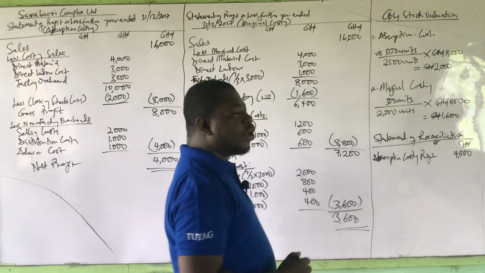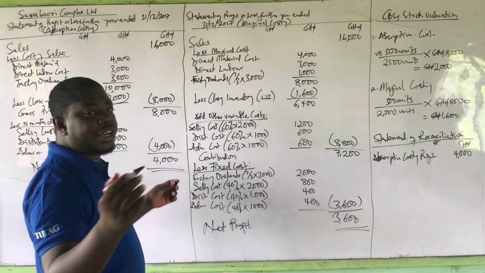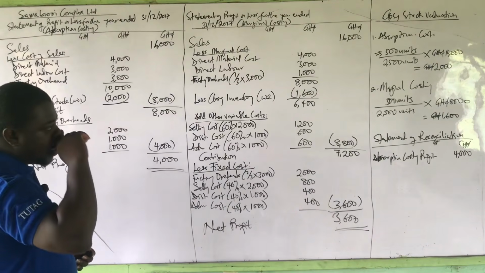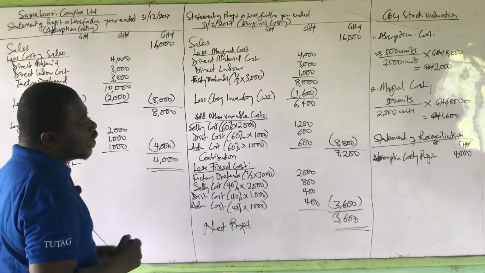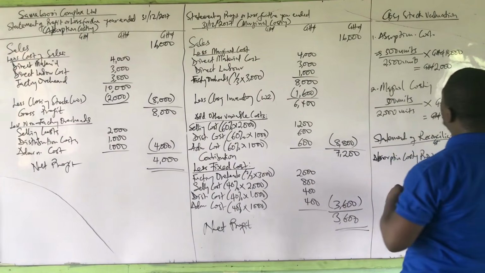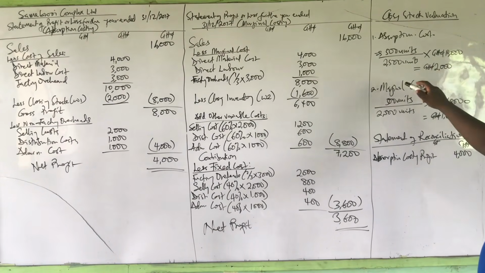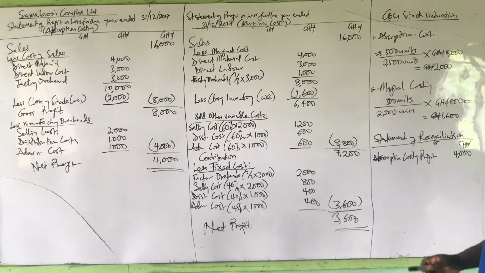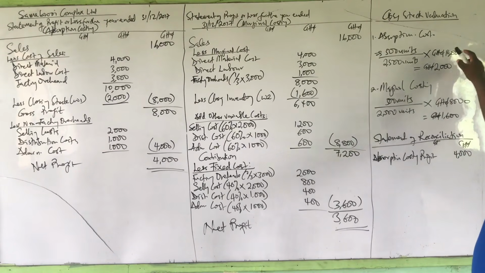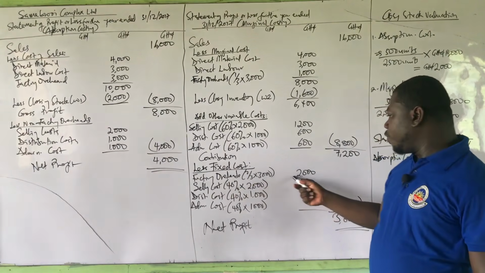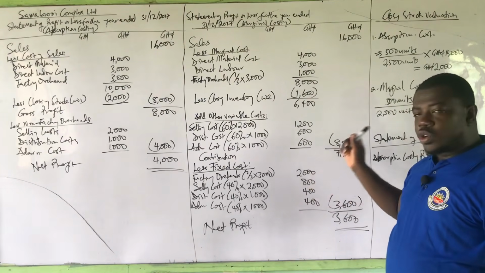Now, you are going to take out the 400, but the 400 is not automatic to be taken out. It's about the valuation. When we were doing the valuation for absorption costing, the cost of production was 10,000, but the marginal costing cost of production was 8,000. The difference of 2,000 is the fixed production overheads. That was not included.